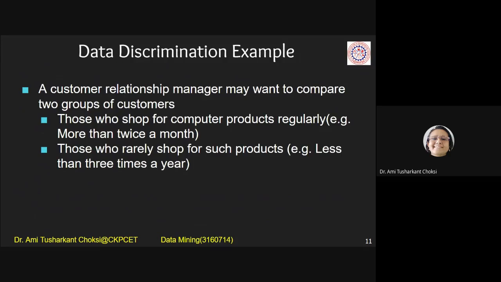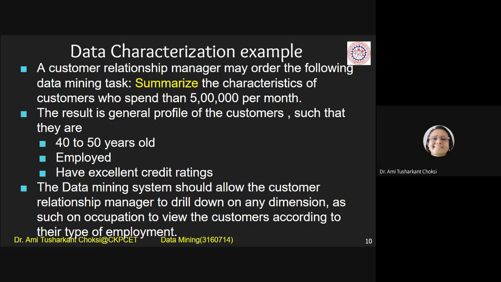Data discrimination example. So for this, can I say that we will not be able to get the data? See, whatever data is available, from that we will summarize. If you have the data of customer till occupation level, we do not have the data for government or private job, then fine.